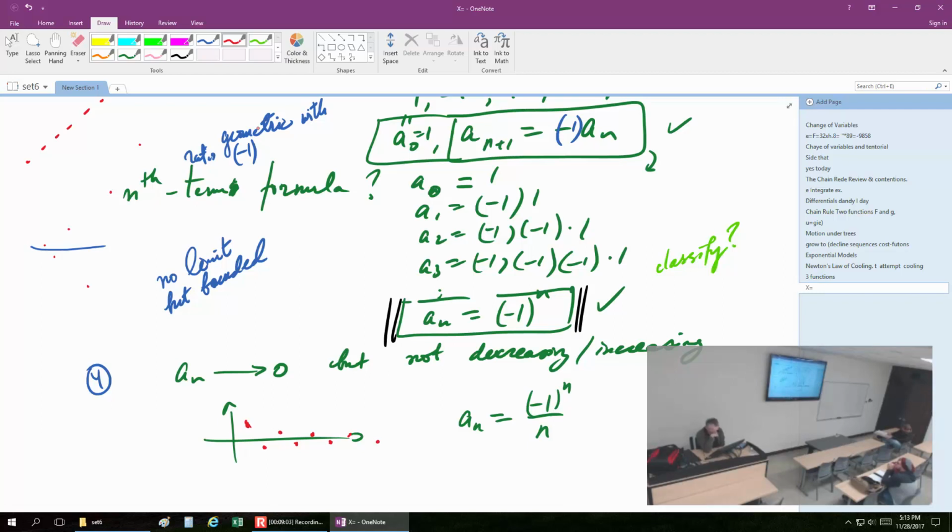So the next example was the sequence that is convergent, but not decreasing or increasing. So that might be something to be remembered. Misunderstandings are often that you just have to have an asymptote, asymptotic behavior, for convergence, and it is kind of the case.